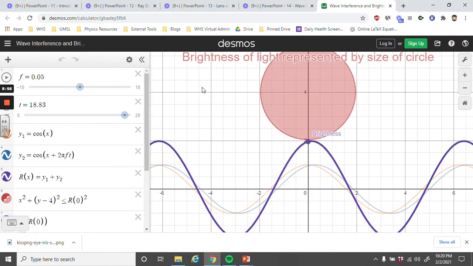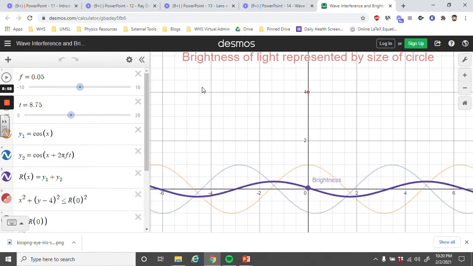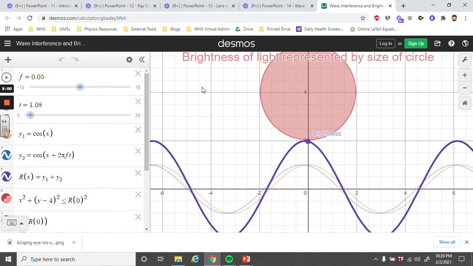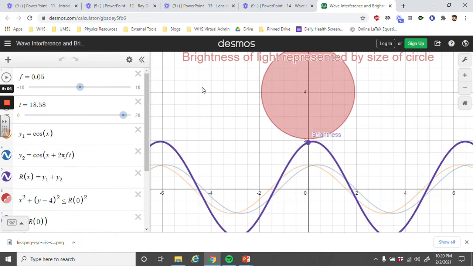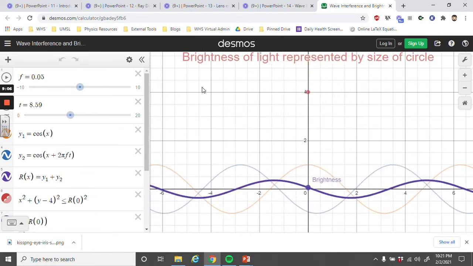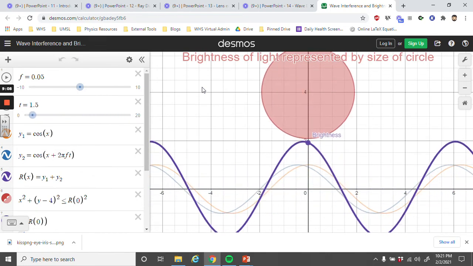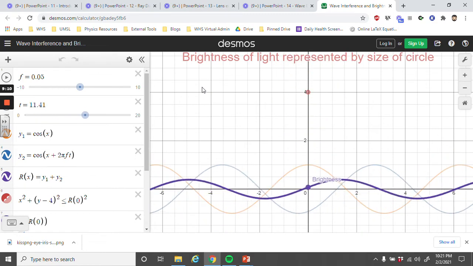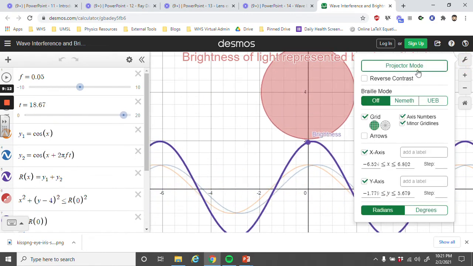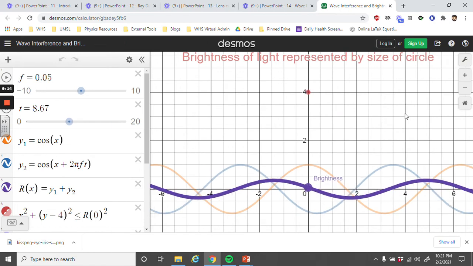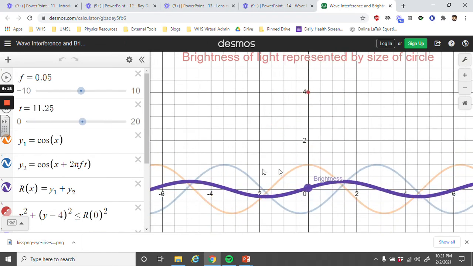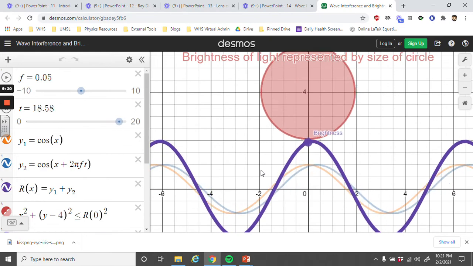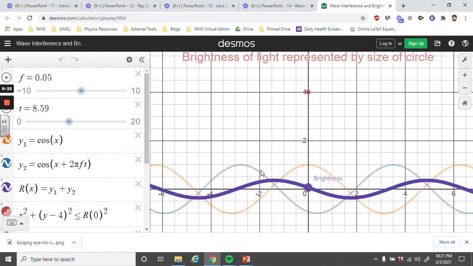So, what's going on in this animation? I'll let you just look at the screen for a moment and then I'll describe it. All right, in this animation, let me go ahead also and make it projector view. The transparent background waves, the red and the blue, are 2 light waves that we're adding together.